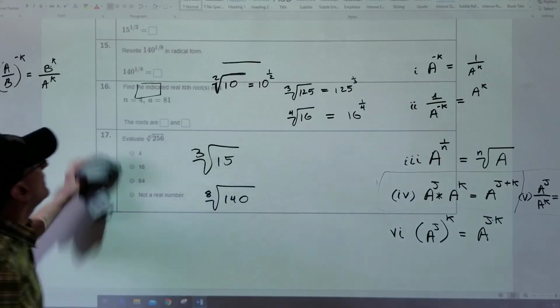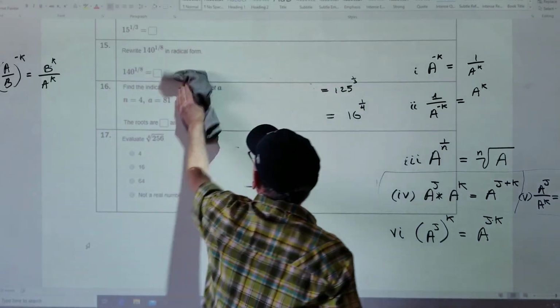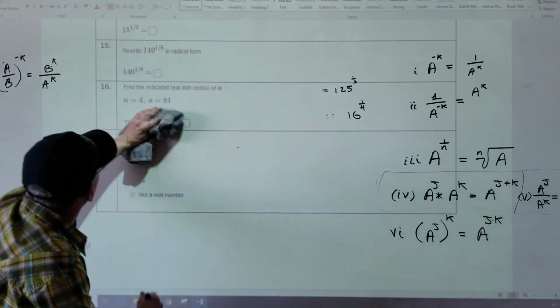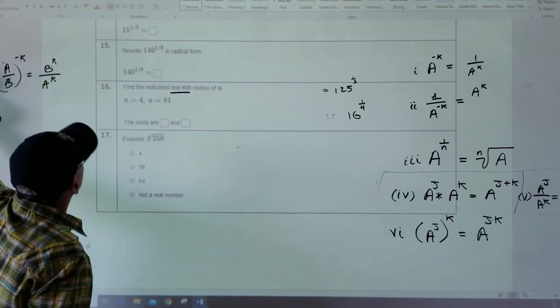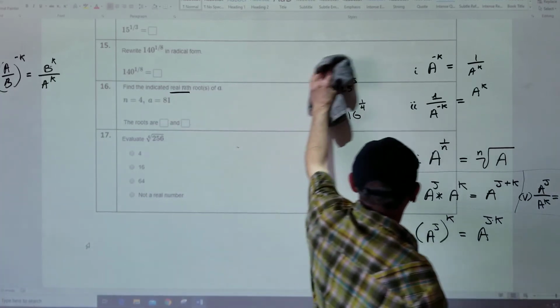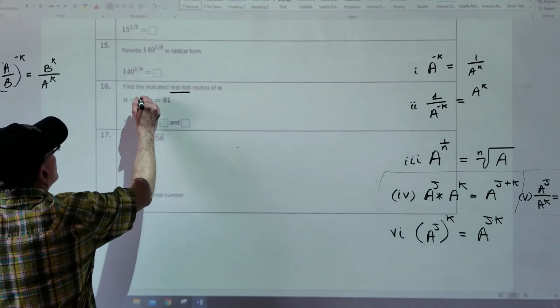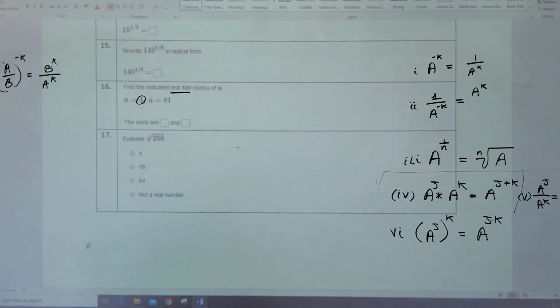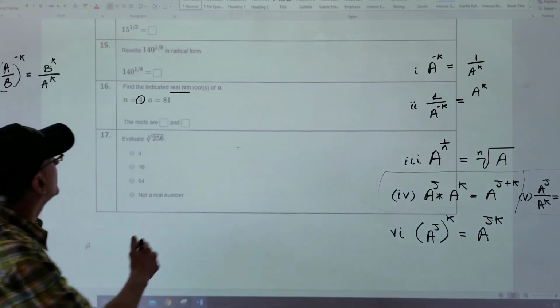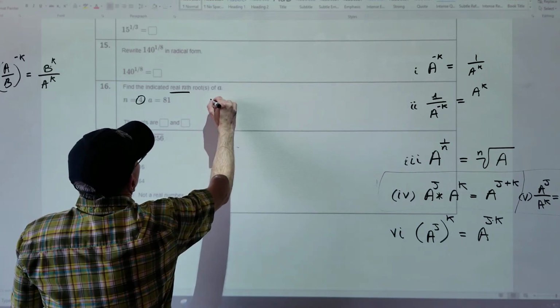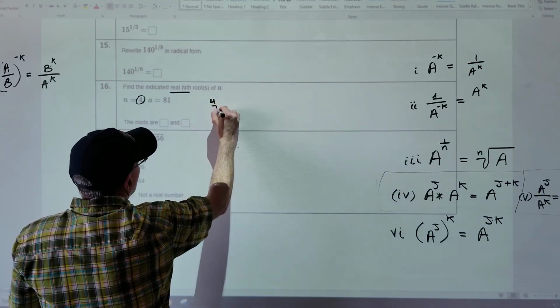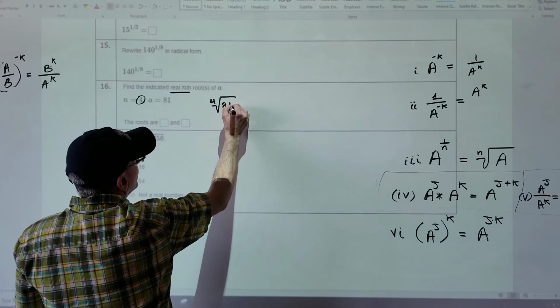Find the indicated nth roots, the real nth roots of A. Okay, they're looking for a 4th root. There are 2 ways you could get your calculator to help you with this. I believe your calculator's got a button that will do this.